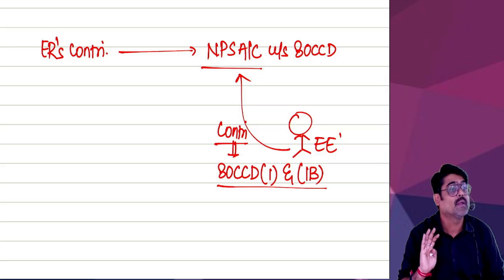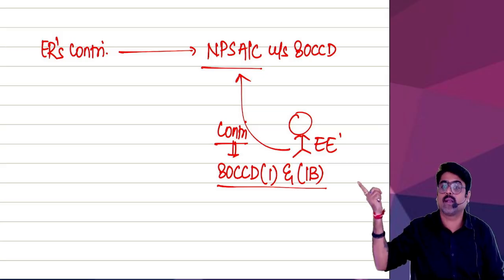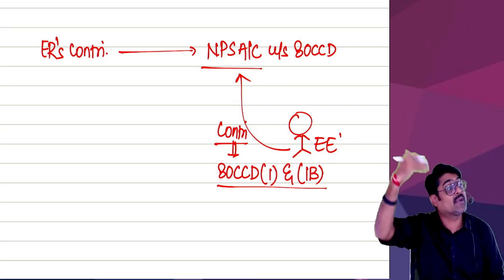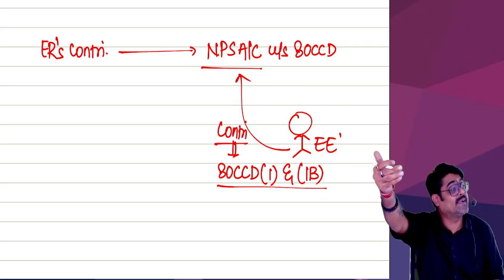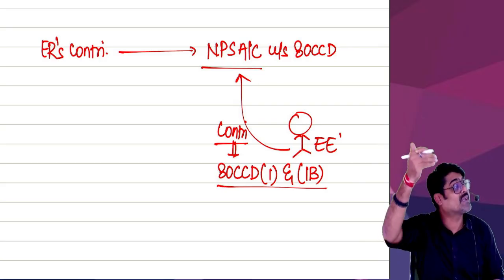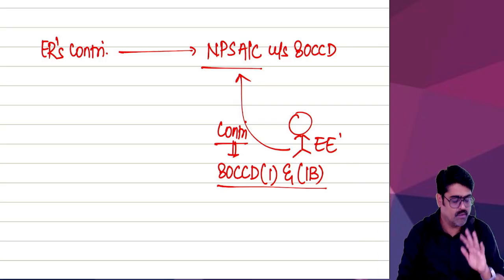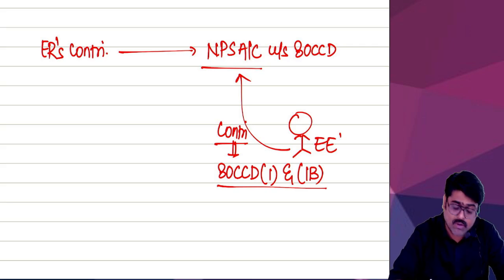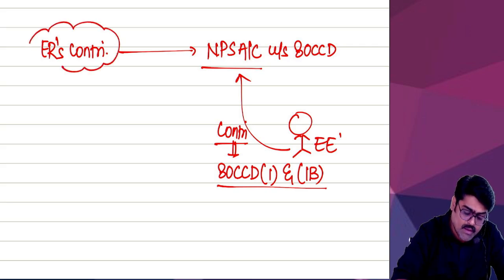But for that, the employee is going to get the deduction later on from GTI, under 80 CCD, subsection 1 and 1B. Understanding? Now pay attention.